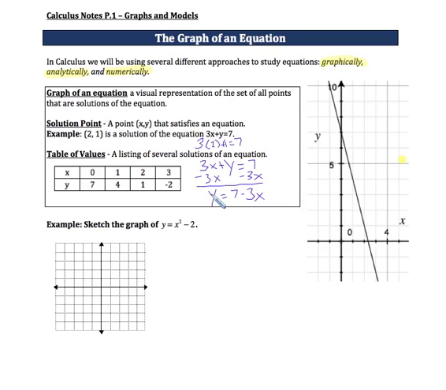Now in solving for y, this is our analytic approach. Using equations in algebra is an analytical type of approach. If we wanted to find other solutions, we would just plug in other values for x. We can plug in 0, for instance.